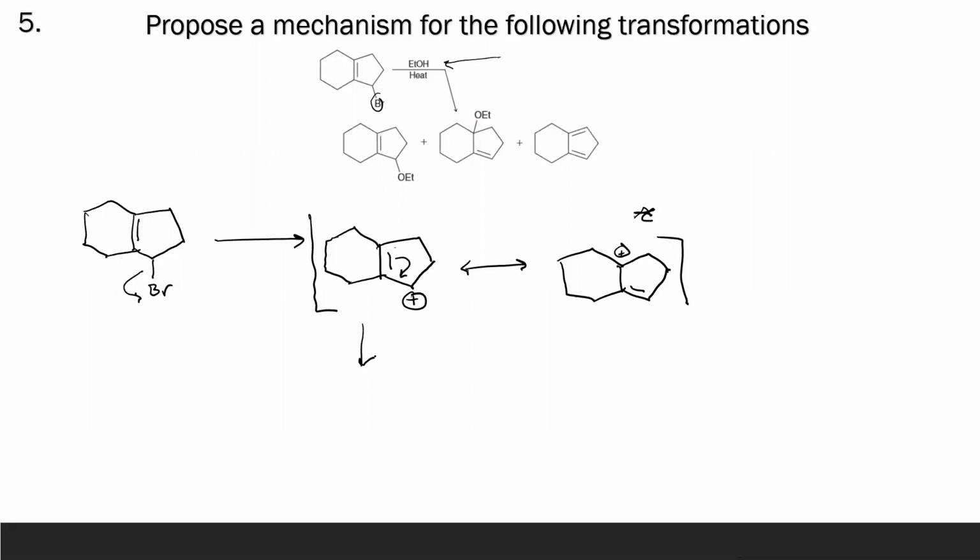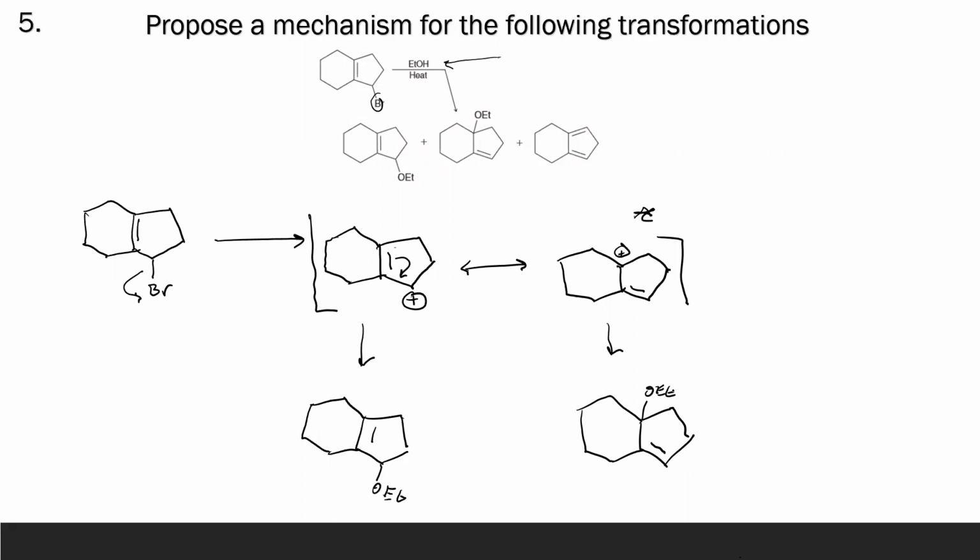But now I'll just draw something like this. These guys are getting kind of sloppy. Sorry. So that's how you get those two SN1 products.